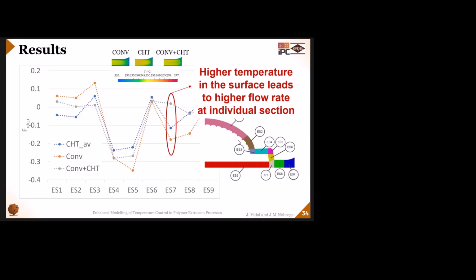And as we are imposing higher temperature in the case of the CHT plus conventional approach, all around this elemental section, it promotes the flow in this section because it increases the temperature, it decreases the viscosity, and now we get higher flow rate in that section.